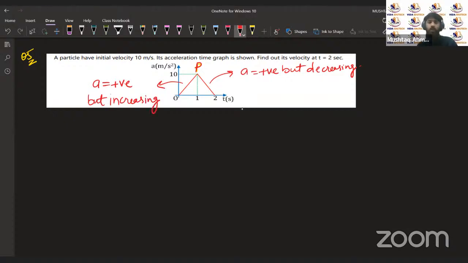So from O to P, the acceleration is positive but increasing, and from P to Q, the acceleration is decreasing but positive.